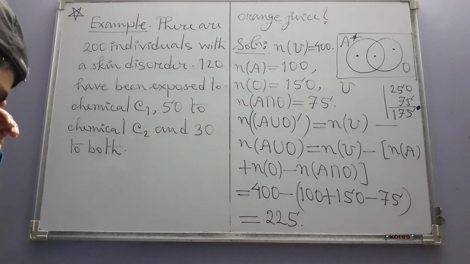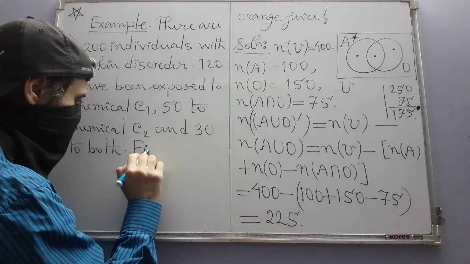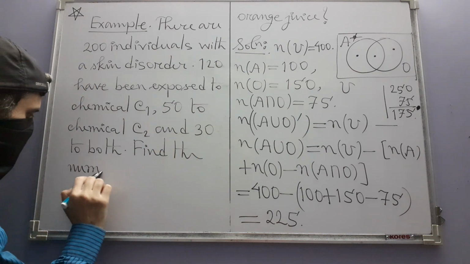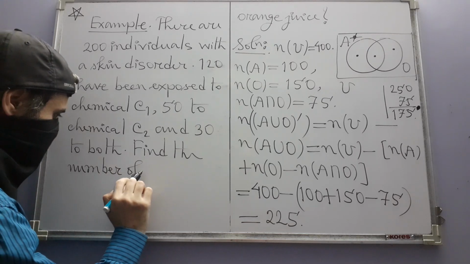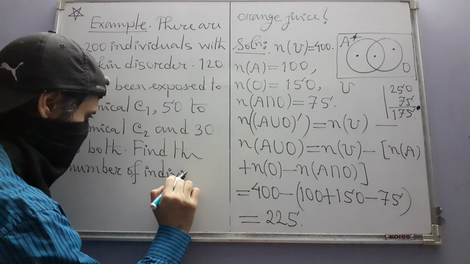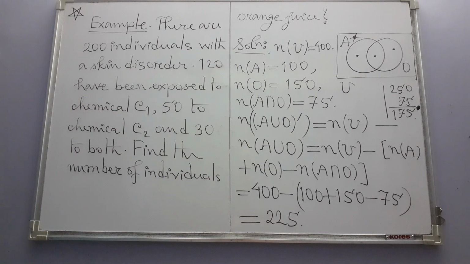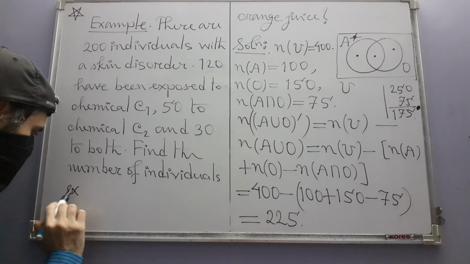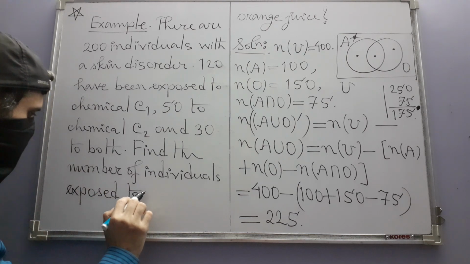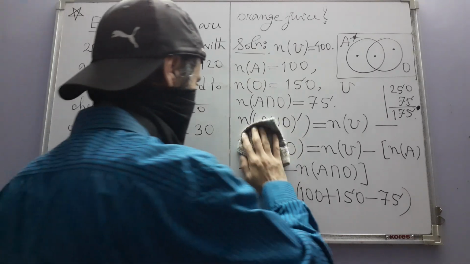Now we have to find three things. Find the number of individuals exposed to. So there are these three parts to the problem.